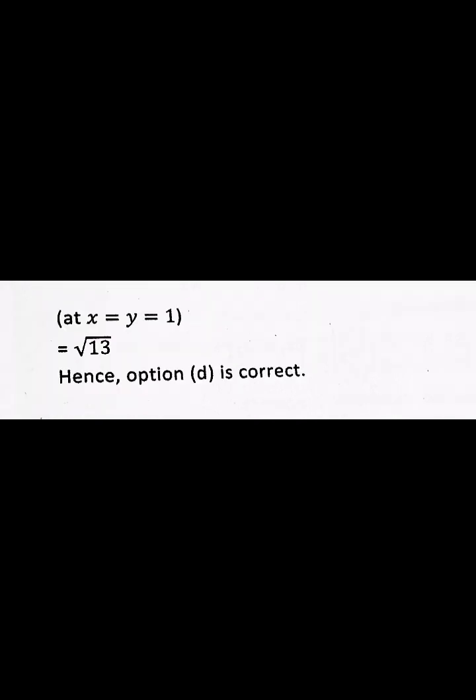Then mod of del phi is equal to square root over (2xy plus y) the whole square plus (x square plus x) the whole square. Then applying the value at x is equal to y equal to 1, we can write the del phi mod value as square root over 3 square plus 2 square. So this is equal to root 13. So the answer is option D.